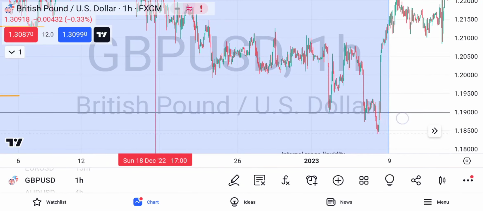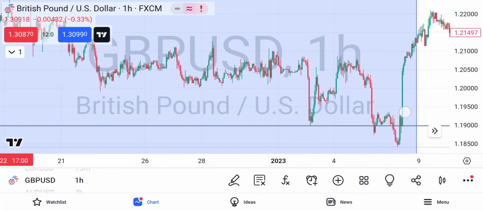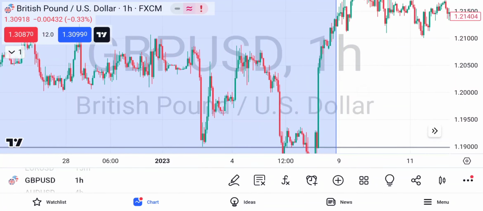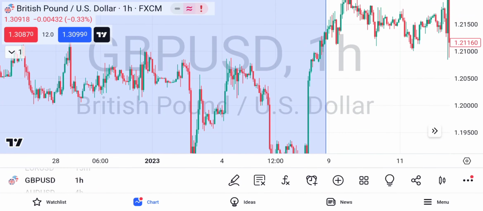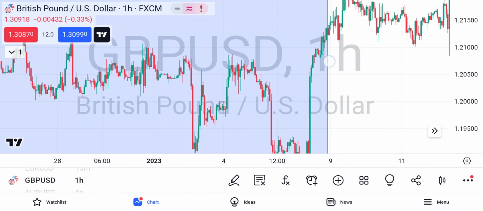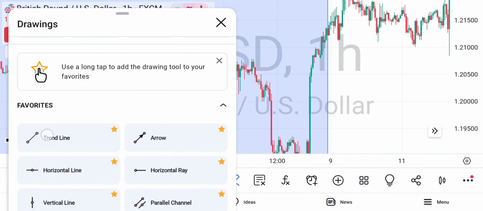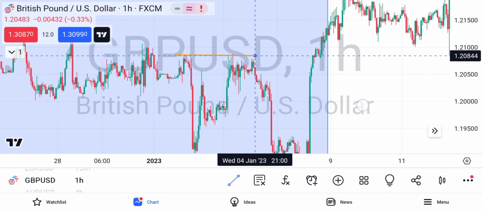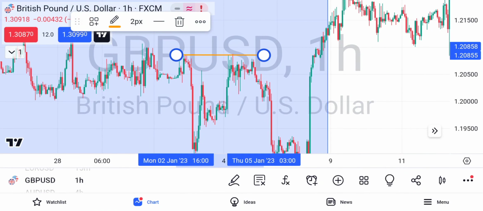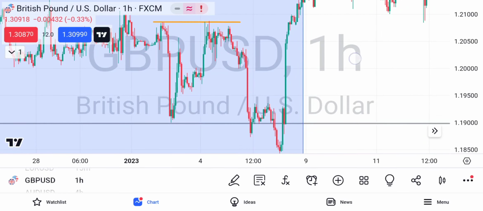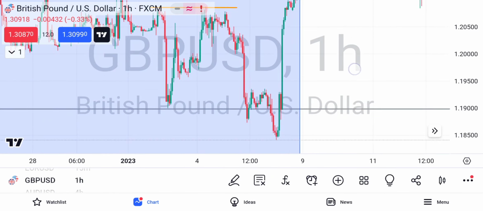And what happens here? After creating the relative equal lows, the market retraces and goes up. As you can see, it just takes out this buy side a bit, but this is still forming another relative equal highs, and from there it goes down.